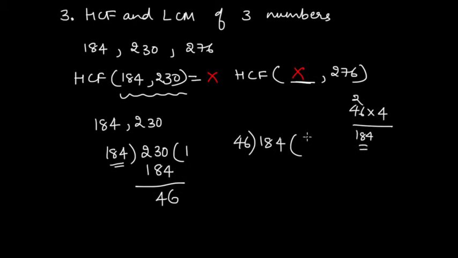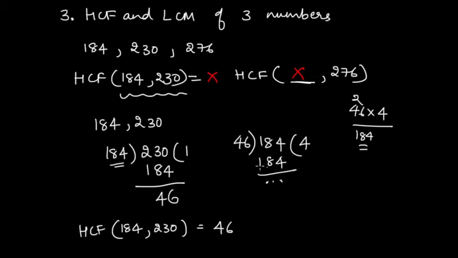So 4 times gives 184. So we have HCF of 184 and 230 as 46, right? Because 46 was the last divisor, so that's what we have right now.